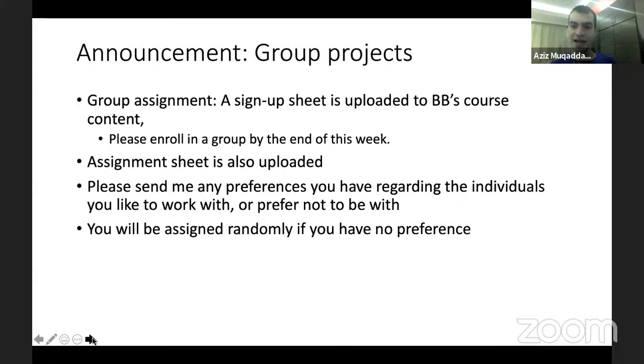Because by Friday, if you don't have a specific preference, I'm just going to randomly assign students to whichever spots are left. If group 3 has 2 empty spots, for example, I'll assign students to group 3.